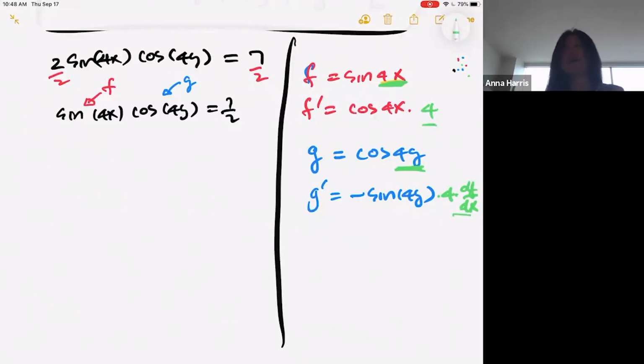All right, now let's do that. We know our formula. The formula says f times g prime plus what? g times f prime.